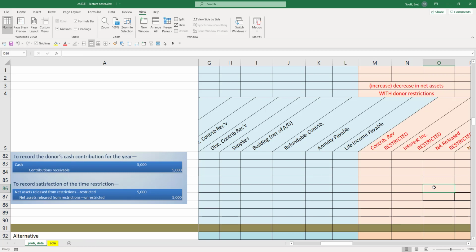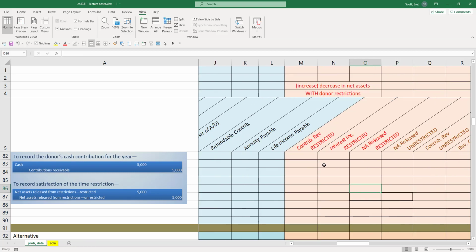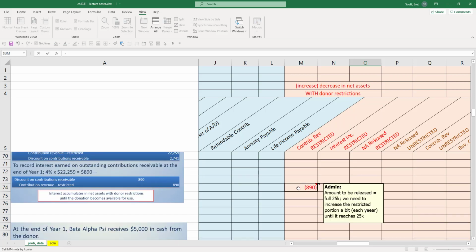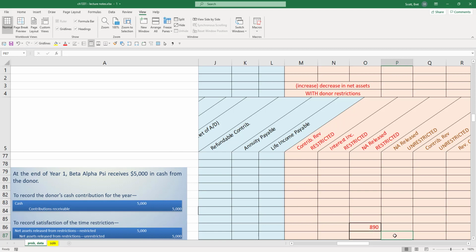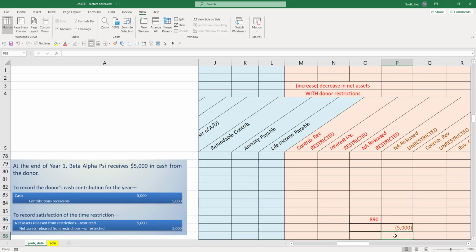In this case, what I want you to think about is the fact that we now have released net assets from this restricted account of not just the $890, but also the overall amount which has been released of $5,000. We have earned now $5,000. The cash has come through. So that means that the overall amount that's been released from restriction has been $5,000.